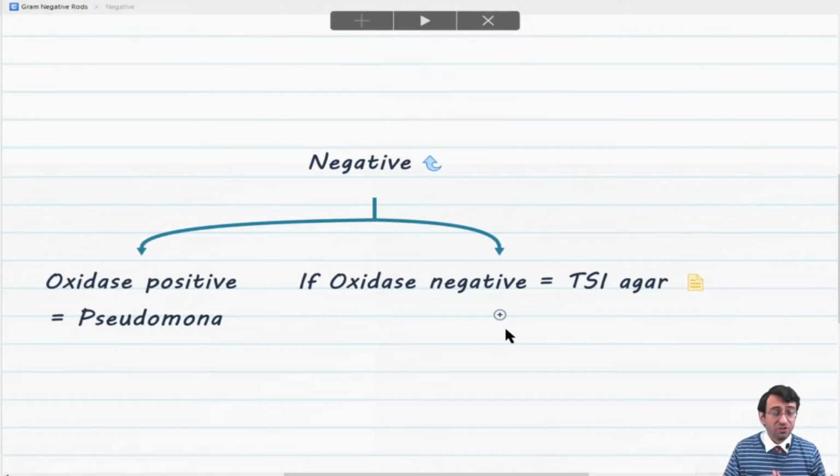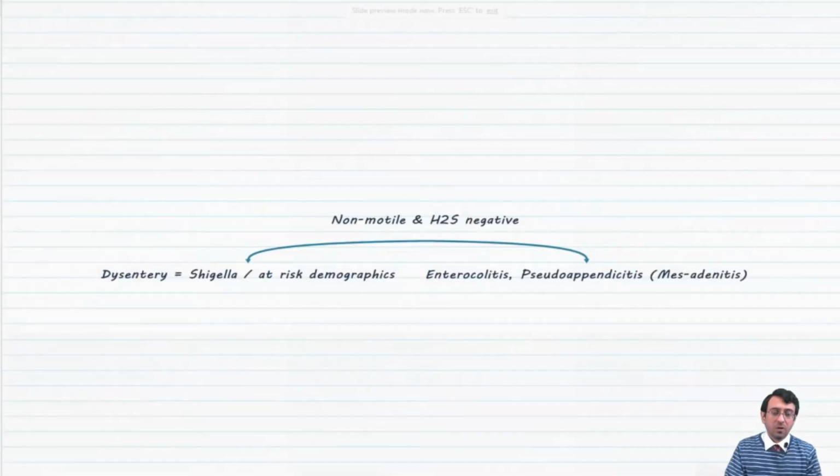Also, it has sulfate that could react with iron and produce what is called a black dot or fisheye. Again, the black dot or fisheye is formed if the bug is capable of producing H2S and therefore combining it with the iron in the environment, producing ferric sulfide, and that produces these black dots. And so based on that, we are going to categorize these 4 pathogens.